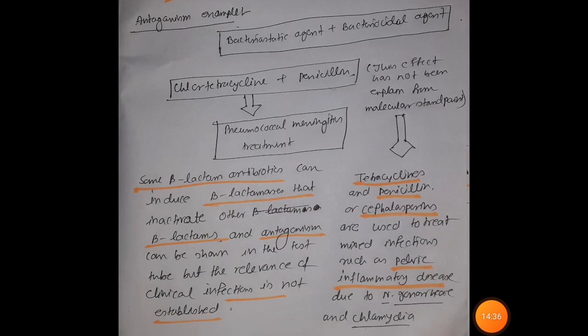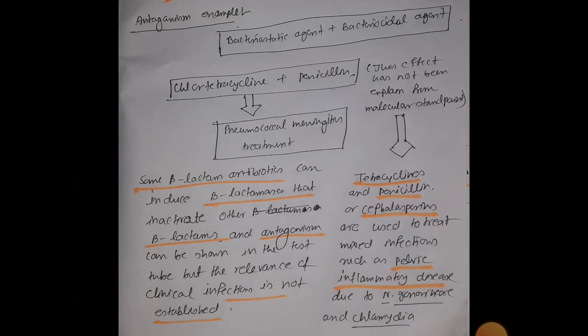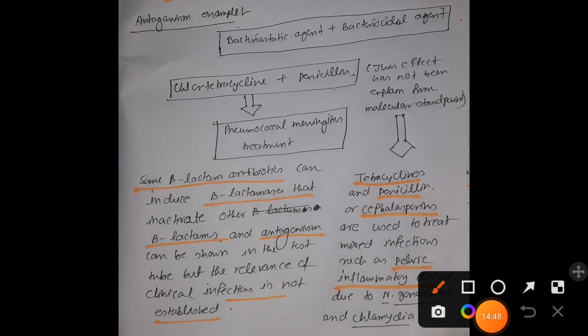So the first example, as I have told you, is chlorotetracycline and penicillin together, an antagonism example, used in pneumococcal meningitis treatment. So now the question is, as they are showing antagonism, why are we using it? Because this is not a good thing, and I have told you that we have to use biology for industrial purposes.